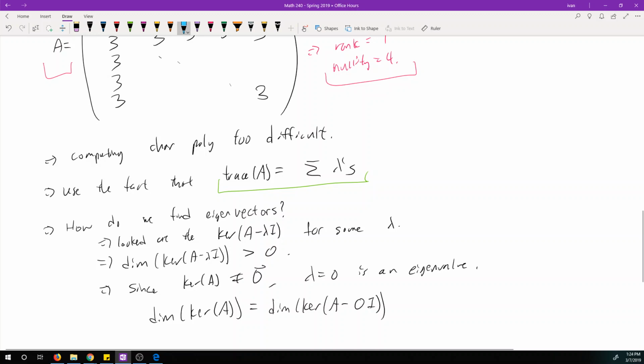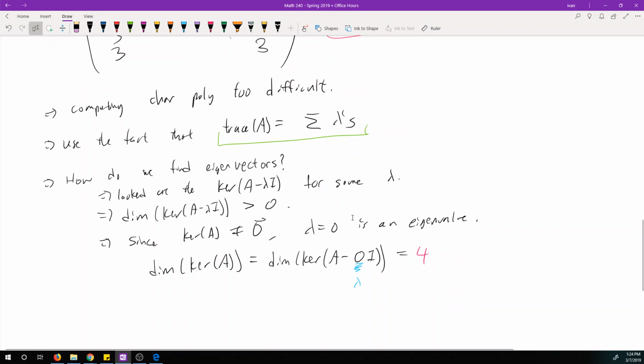Now here's your eigenvalue, this is lambda. And we said that this was equal to 4 from above. So that means 0 is an eigenvalue.